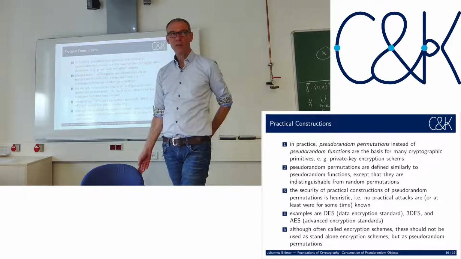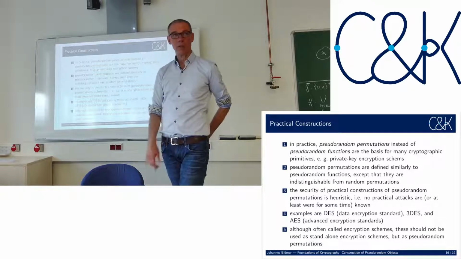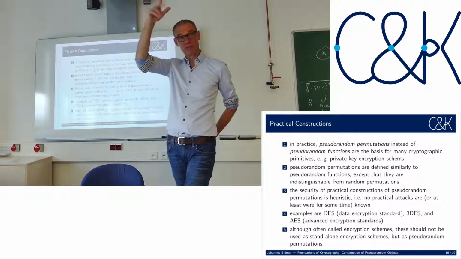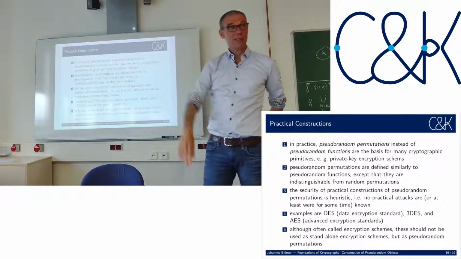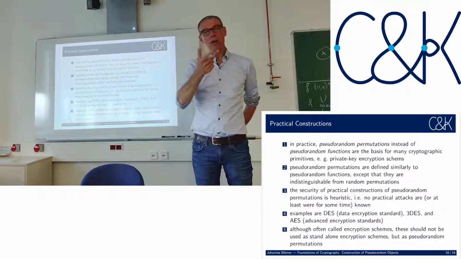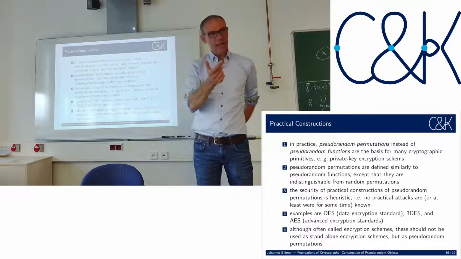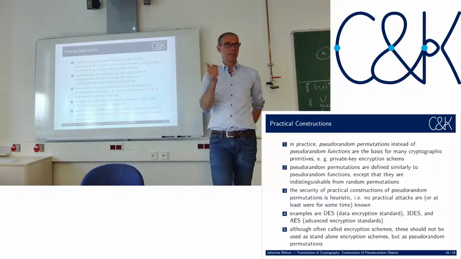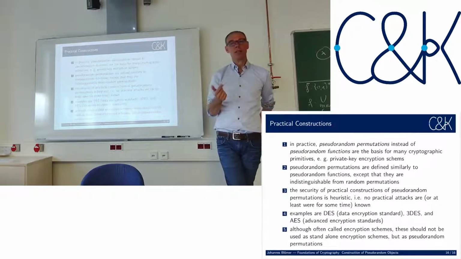Even if you look at your router at home, it probably says secured by AES, WPA, whatever. But that implies that it's AES with additional features built in. For example, AES, a pseudorandom permutation, plus randomized counter mode.